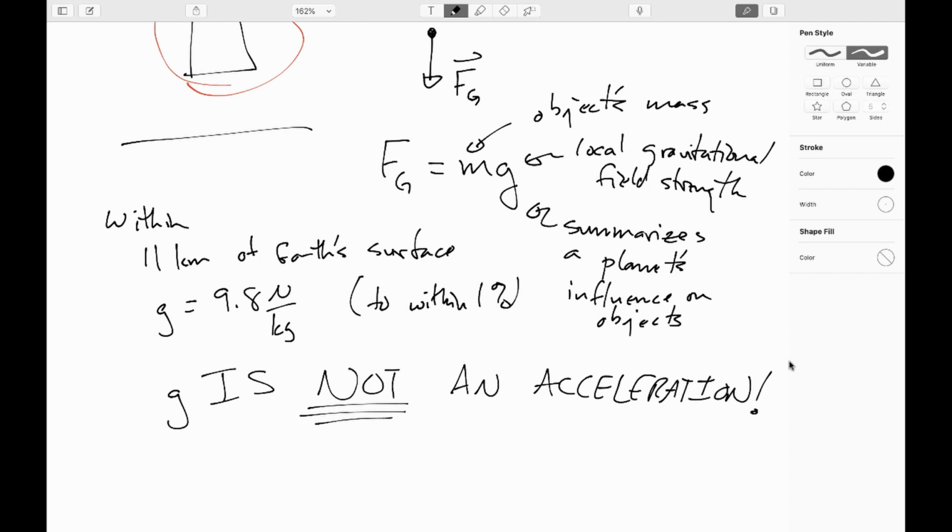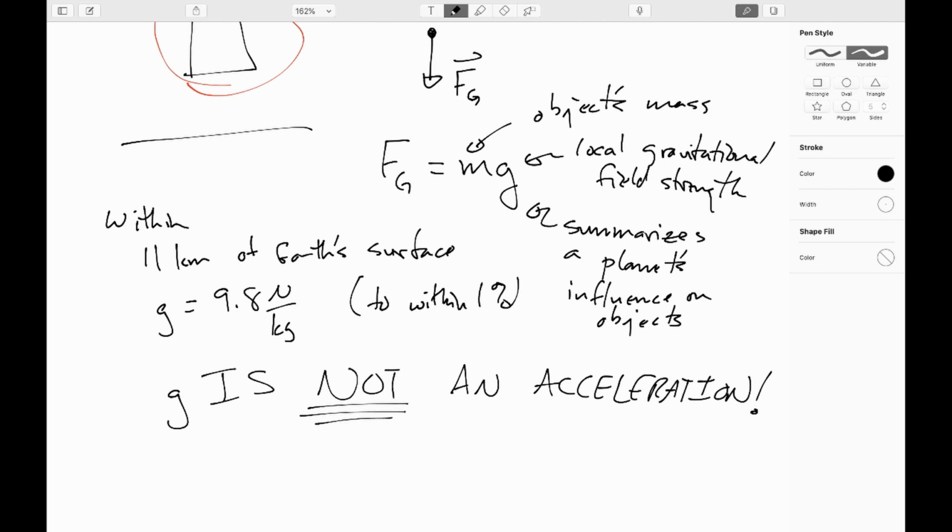If you're within that range, g is this value. Now there's no causal relationship between the air and this value or anything like that. It's just one of those happy coincidences that makes it easy to remember. So if you're looking at a problem, if either a person or an aircraft could operate by ingesting the local air, then g is to within 1%, 9.8 newtons per kilogram.